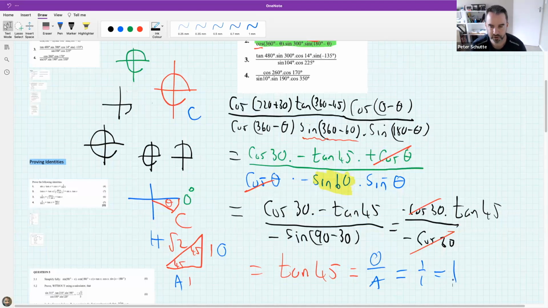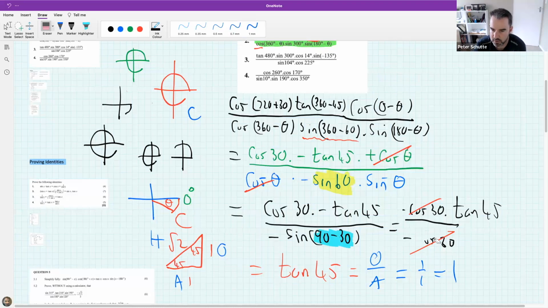Okay, did I go a bit fast there, Monswandile? Let me slow down a little bit. So the main thing that I did was I said I can rewrite this as 90 minus 30, and then I can change this to the cos of 30. If you look across here, what happened to the sine?